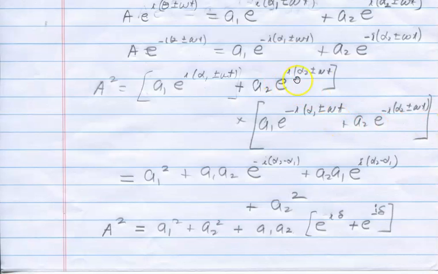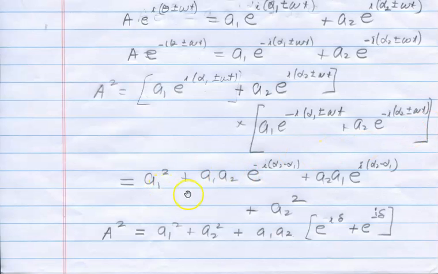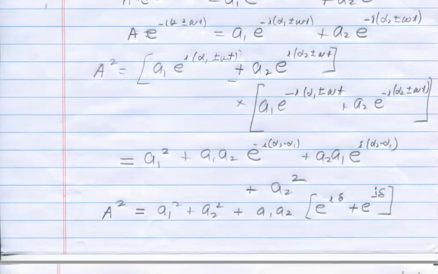And then finally, this term times this one, that gives me a2 squared here. And this times this will give me I alpha 2 minus alpha 1, and the other terms will cancel in the multiplication. So it reduces pretty simply in terms of manipulating the complex values of these things.